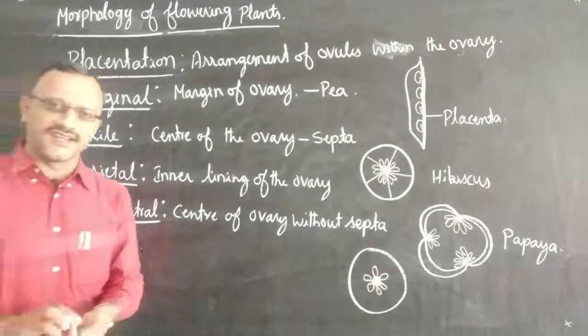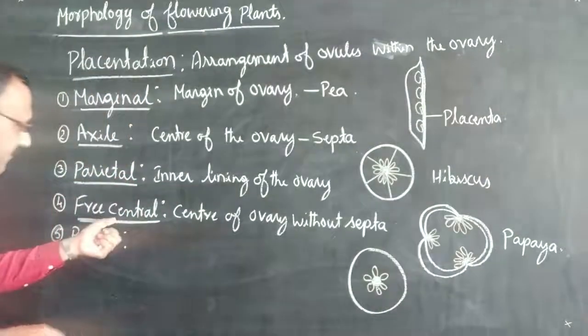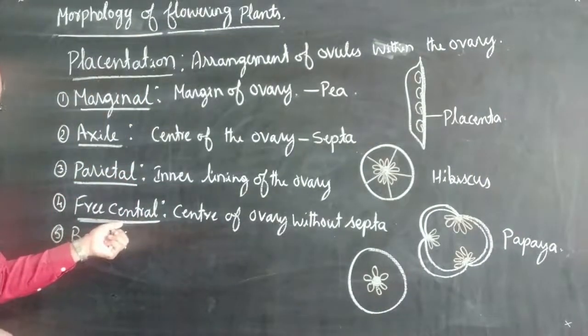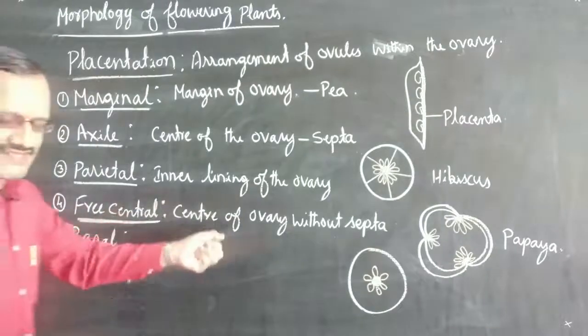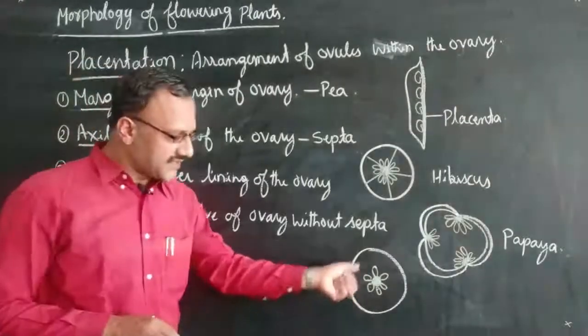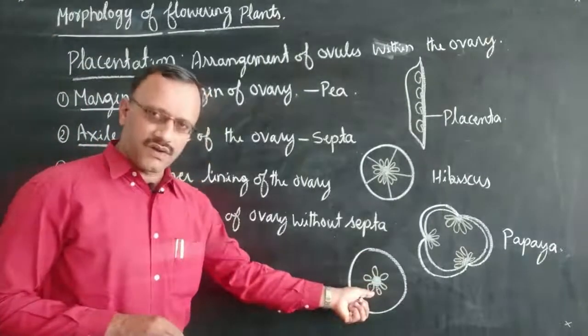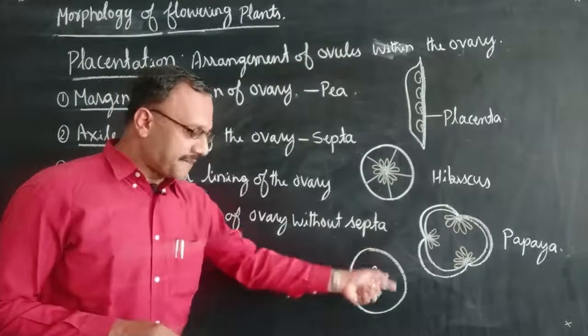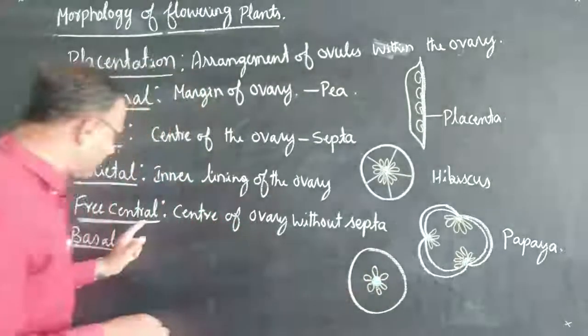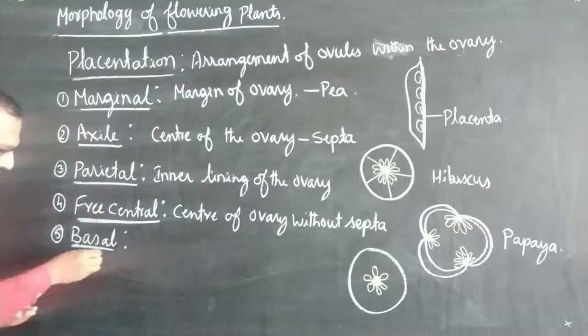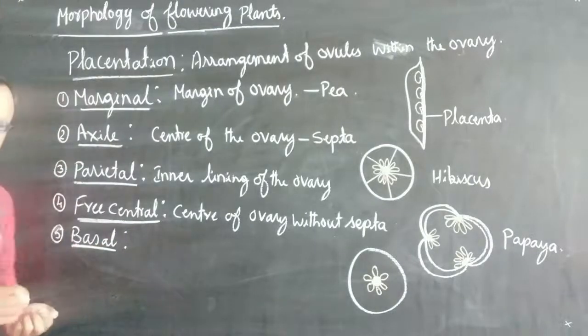This condition is called free central placentation. An example is evening primrose, or even capsicum, which shows the condition called free central placentation.